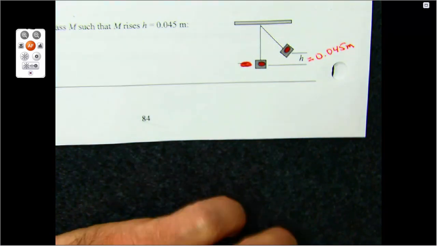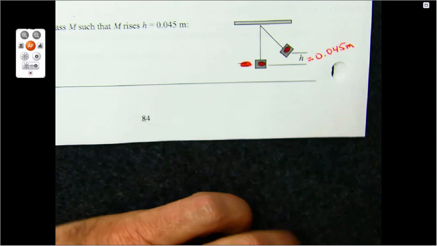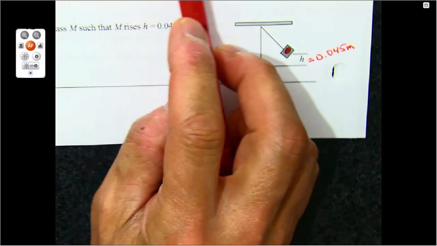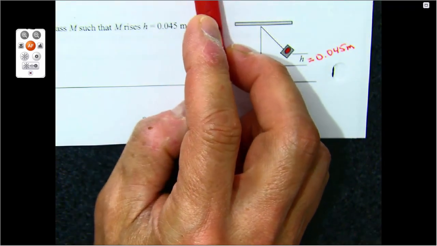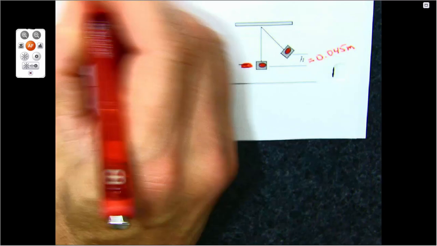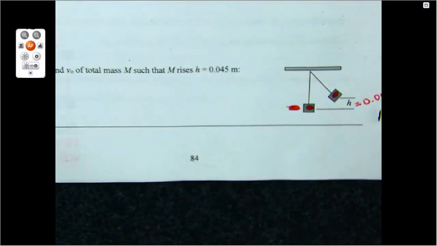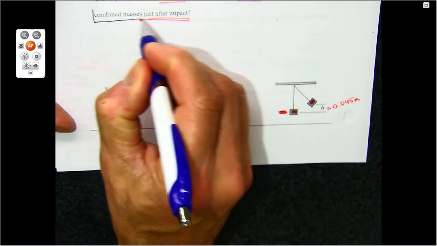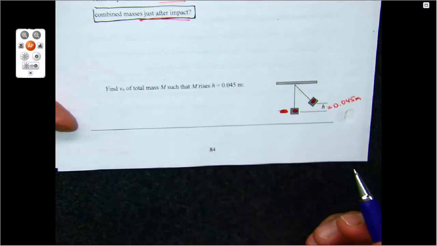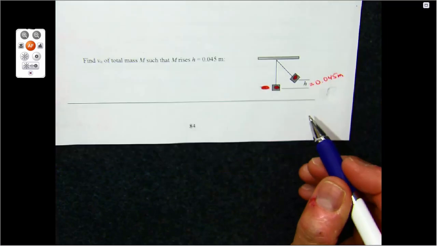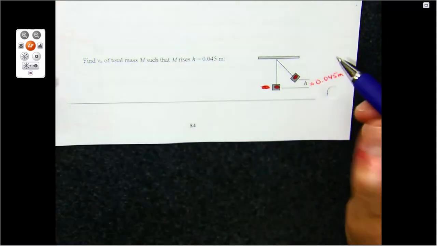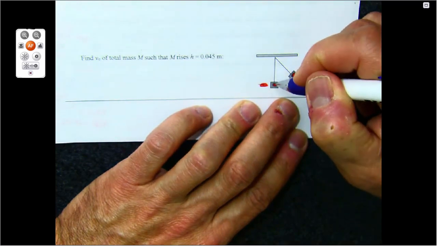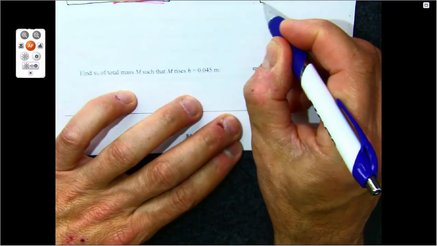Okay. Now, let's see if we can figure this out. After impact, the two masses rise a vertical distance of 45 millimeters. Find the velocity of the combined masses just after impact. Combined masses. So the combined masses right here, there's two masses. This mass of the catcher empty. Maybe I should put it that way.